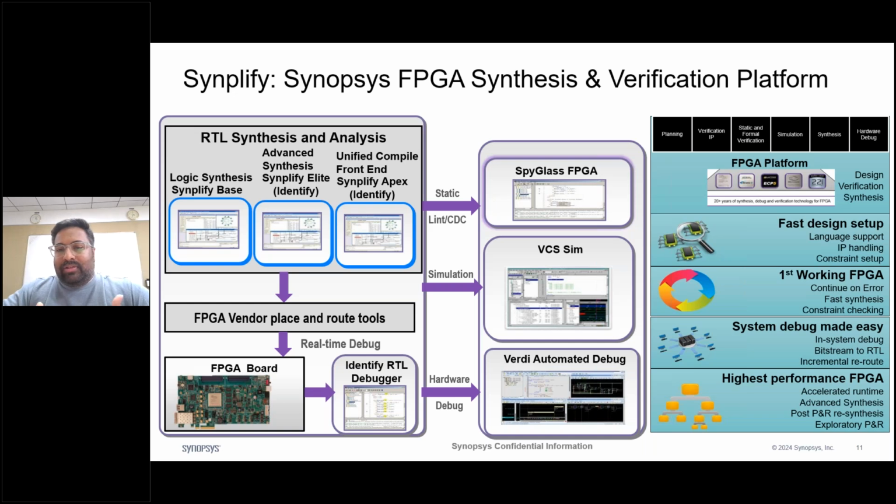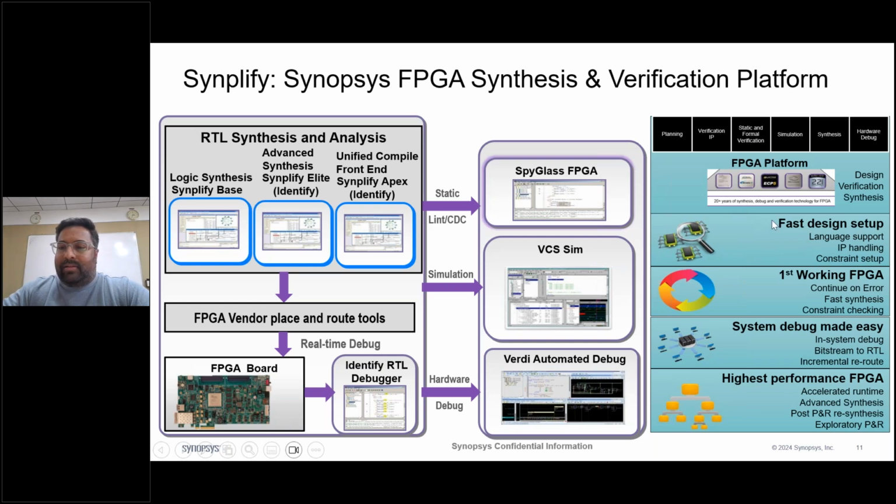Simplify is synthesis software. It will first generate a technology-independent netlist, and based on your requirement, you can map that independent netlist to any vendor of your interest. This is the biggest advantage of Simplify.